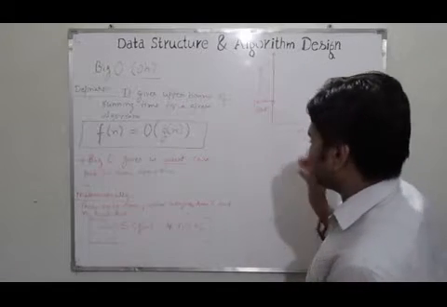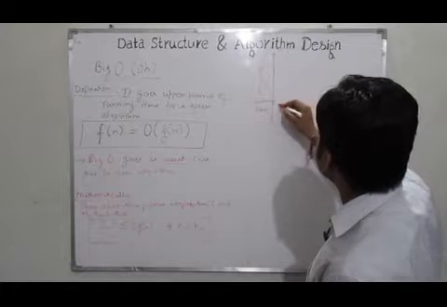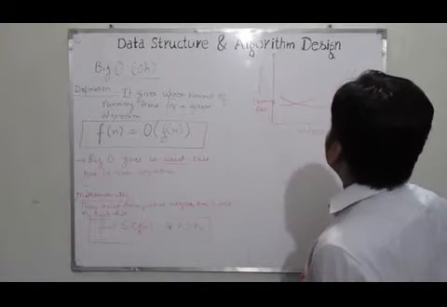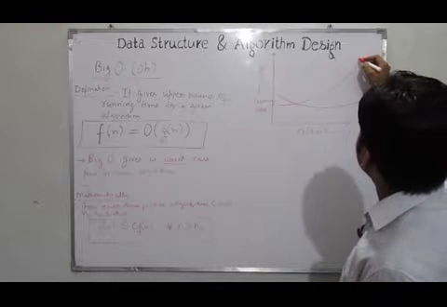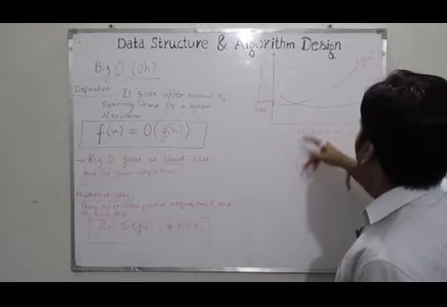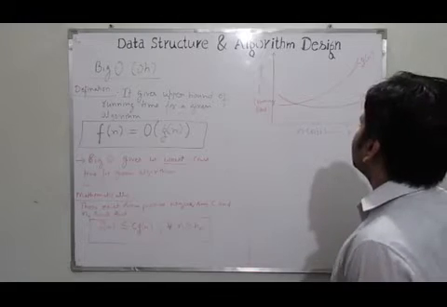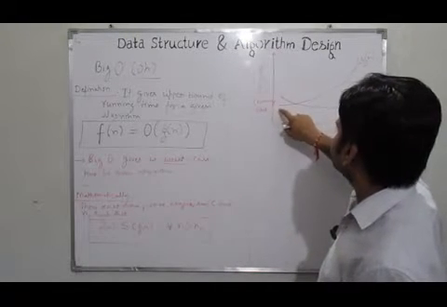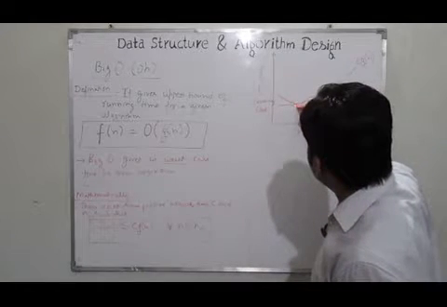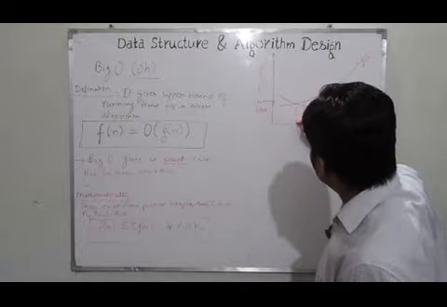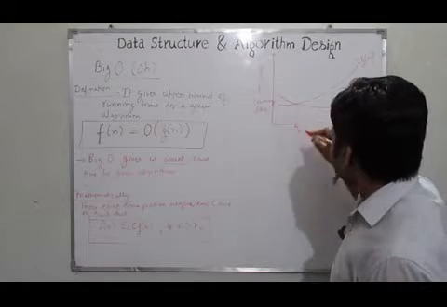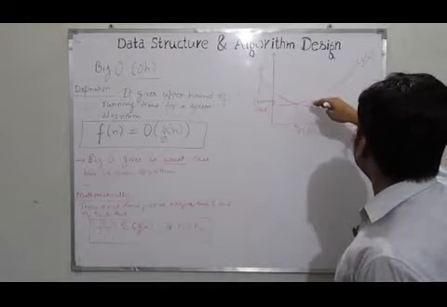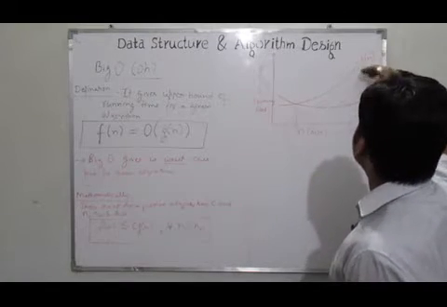So for this mathematical definition, suppose this is the function cgn and this is the function fn. At the beginning fn had higher running time as compared to cgn, but there would be a certain value of n, let us consider it as n naught, from where the running time of cgn keeps increasing and the running time of fn is reduced as compared to cgn.